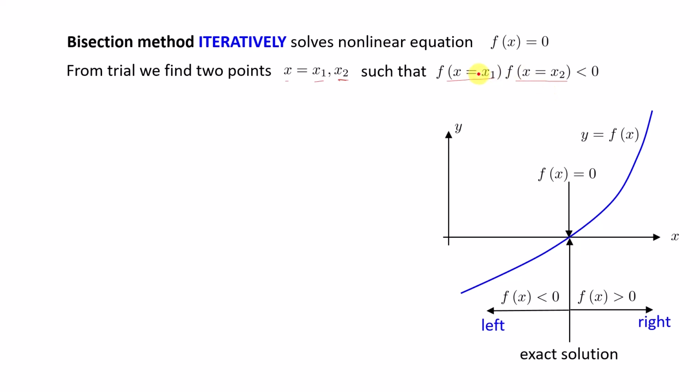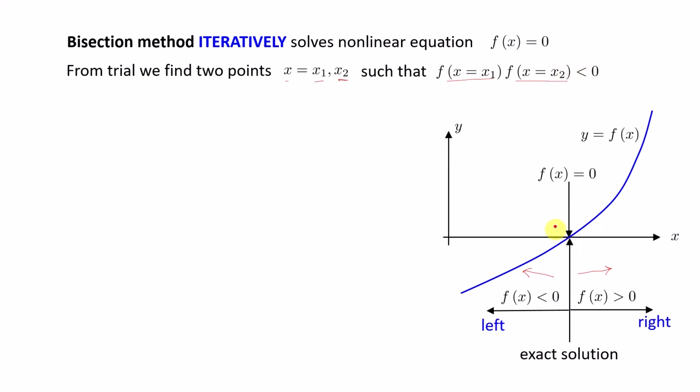Well, if f(x1) and f(x2) individually are both less than 0, that means both of them will be on this side, and then of course their multiplication cannot be less than 0. Their multiplication will be greater than 0. On the other hand, if f(x1) and f(x2) are both on this side, then they are both positive, which means their multiplication will again be greater than 0.